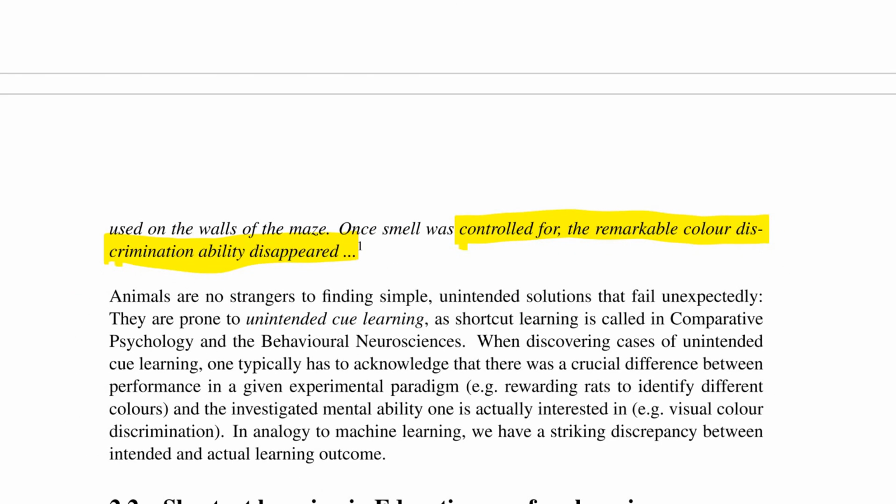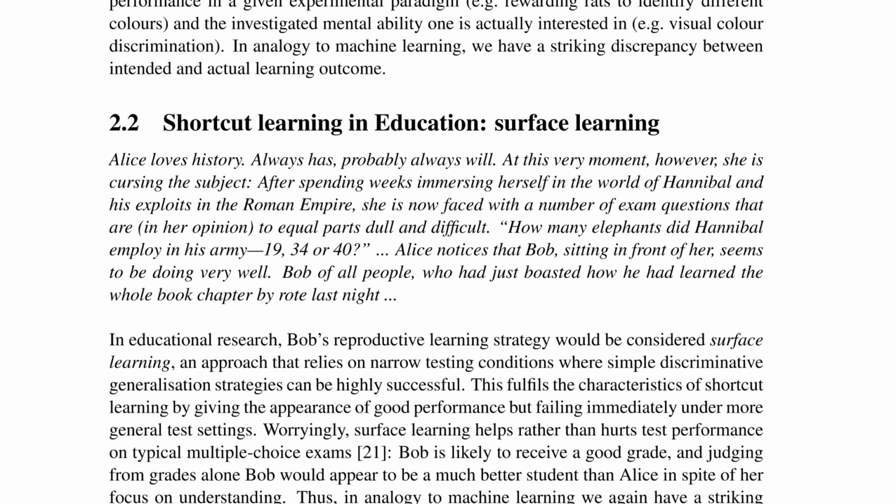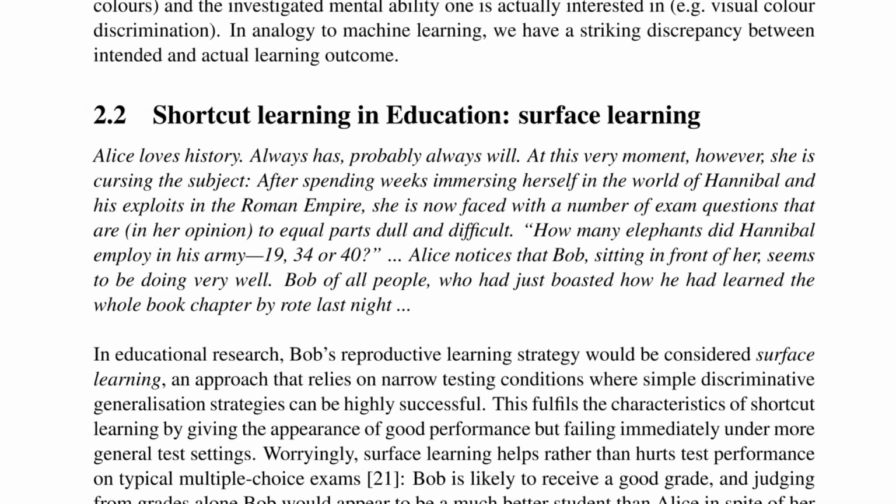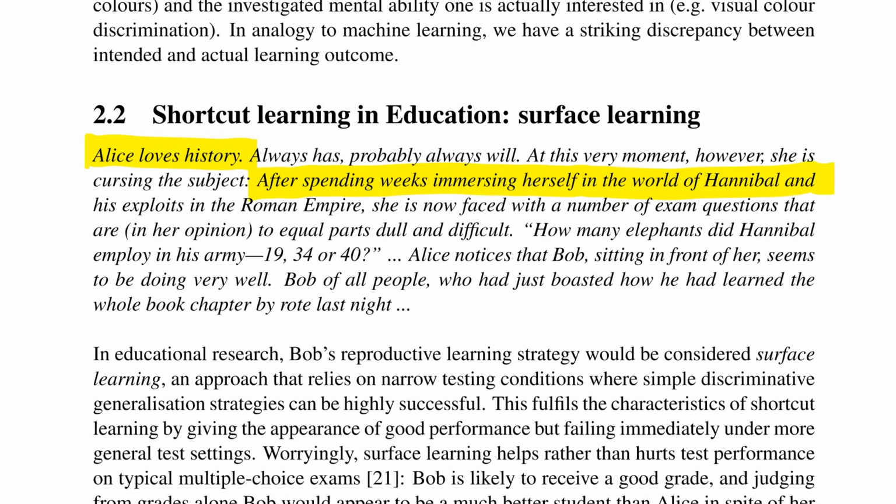So the second example they give here is, Alice loves history, and Alice had spent weeks immersing herself in the world of Hannibal and his exploits in the Roman Empire, and now the exam questions are just like, how many elephants did Hannibal employ in his army?